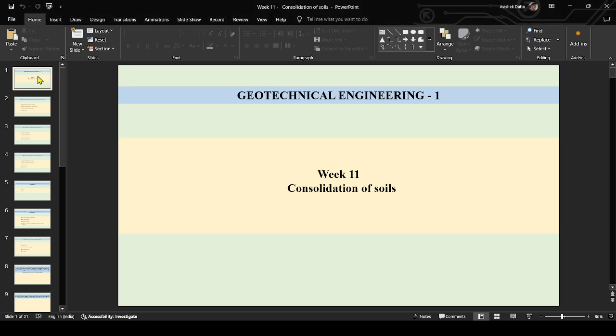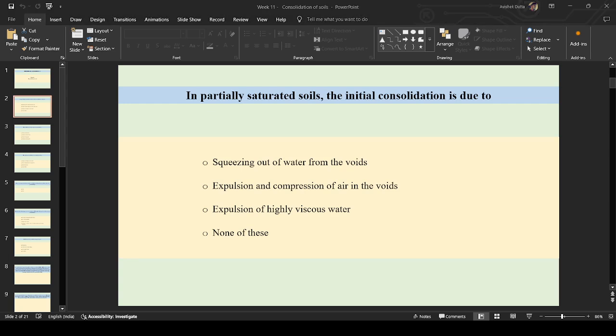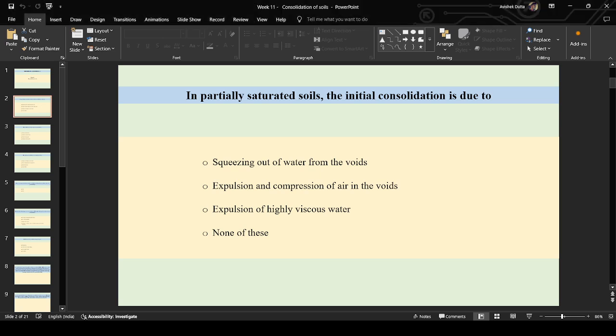The first question is: in partially saturated soils, the initial consolidation is due to.